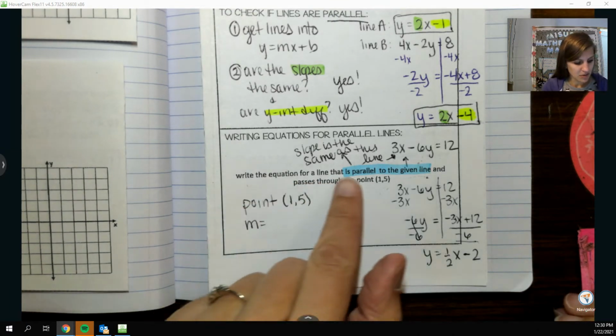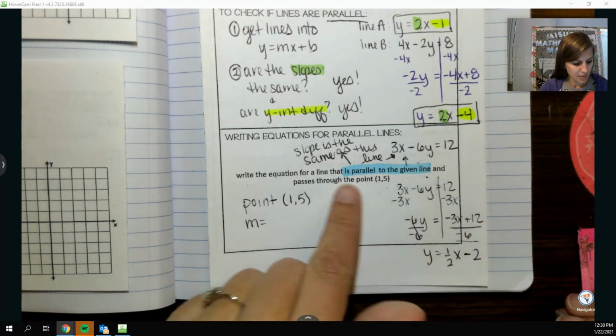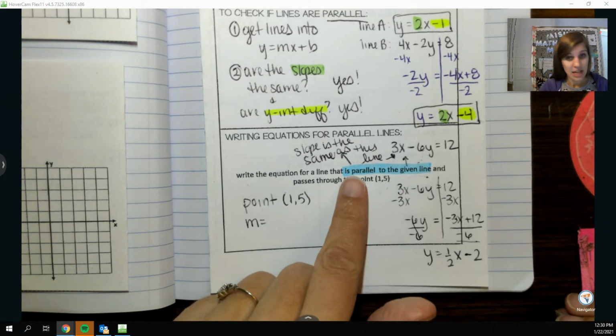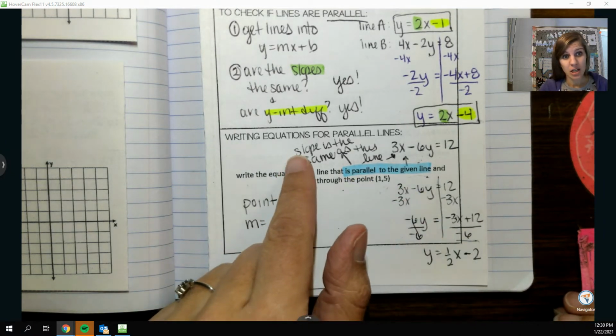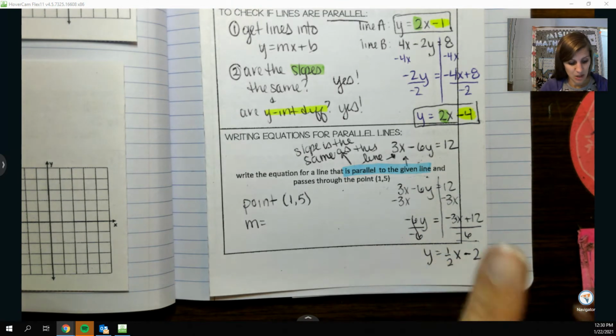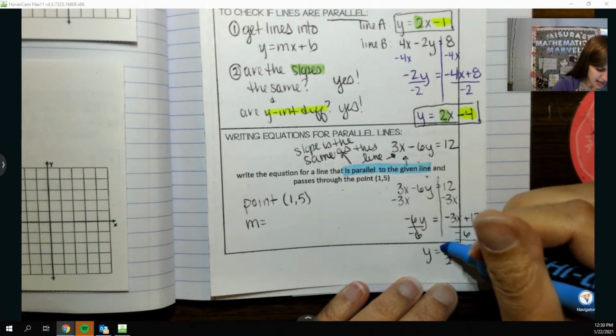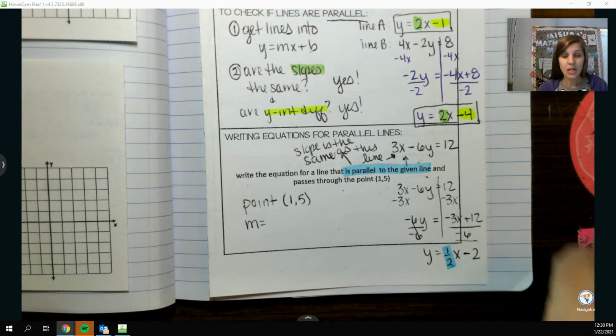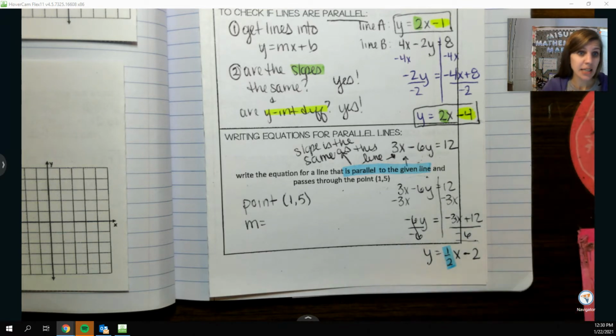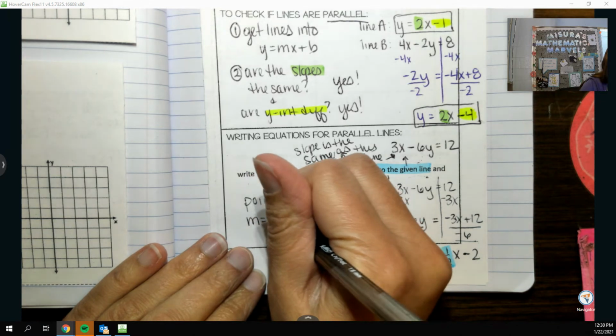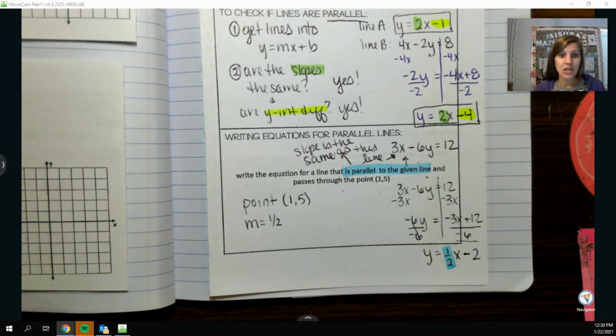So again, write the equation of a line that is parallel to this line and passes through this point. Is parallel to this line is just code for your slope's the same as this one. So I went through and I found my slope, and it is half. So the slope of my new line needs to be half. And so when I write the equation of this new line, I'm going to write it in point slope form because that's what I have, a point and the slope.